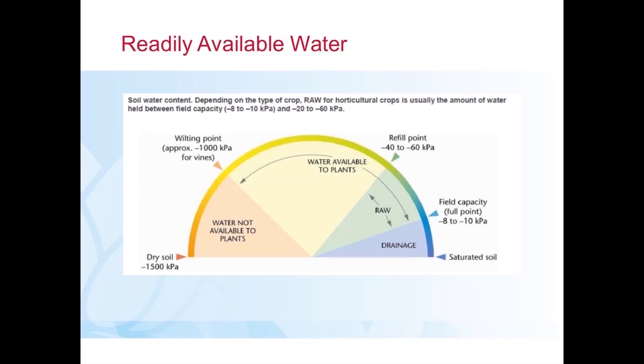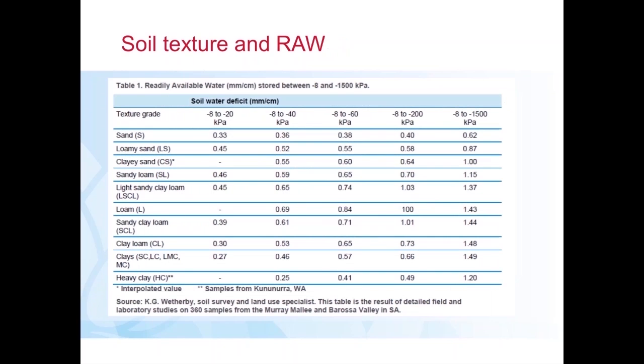And just the next slide, again out of that Prime Fact that Jeremy wrote, looking at how you define that readily available water and how it's related to the different soil textures. So again, as you increase in texture, you get finer and finer texture, your refill point becomes lower in terms of the suction plants need to exert to extract that soil water.